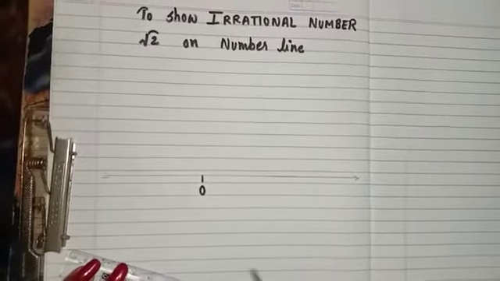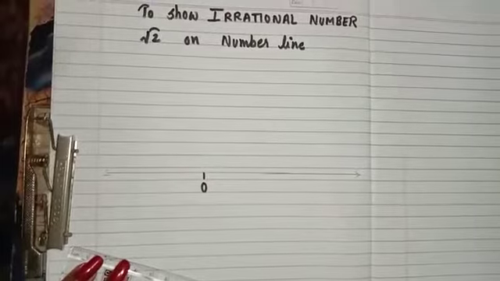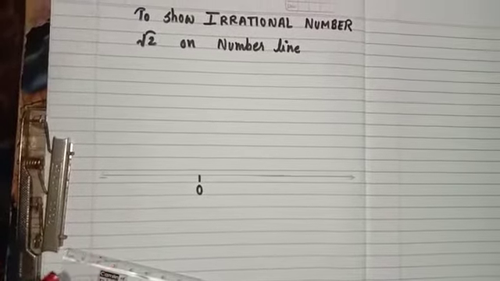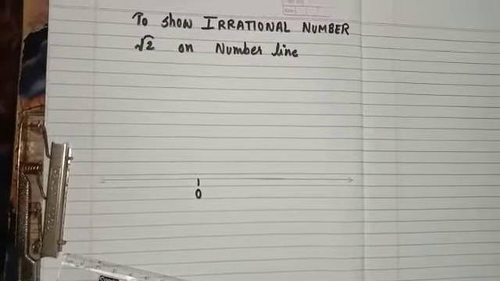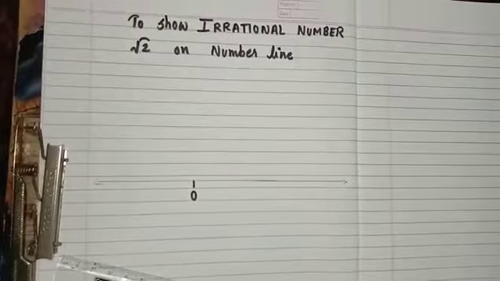The distance from 0 to 1 is actually 1 unit. But if I take 1 unit equal to 1 centimeter, my diagram will be messy.